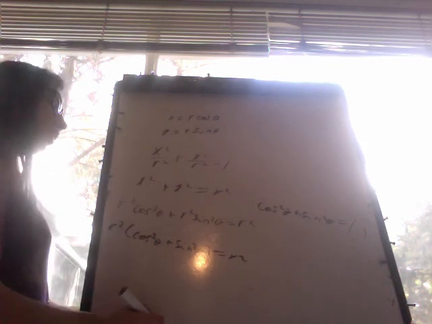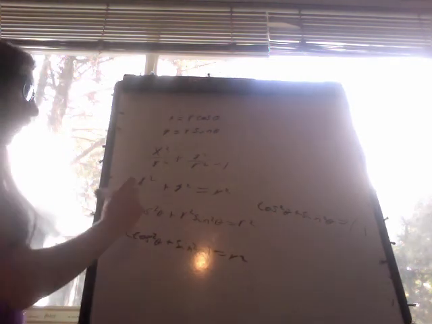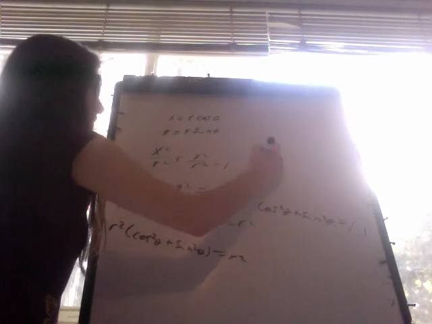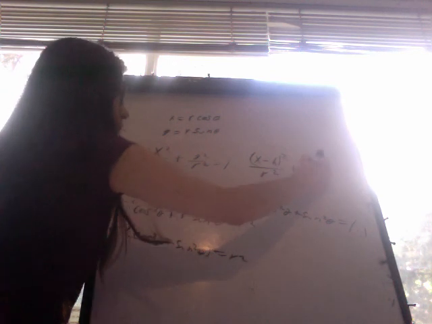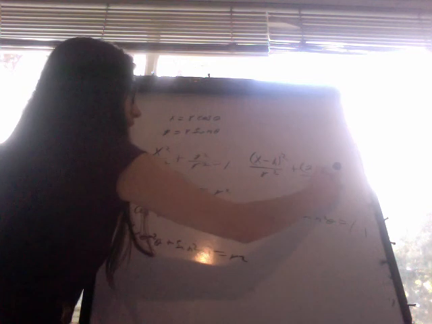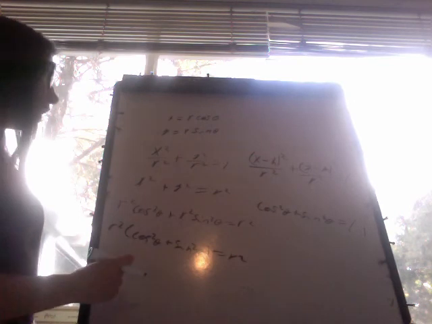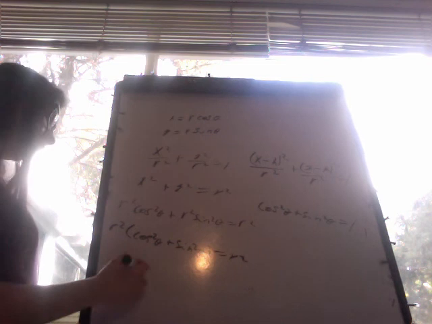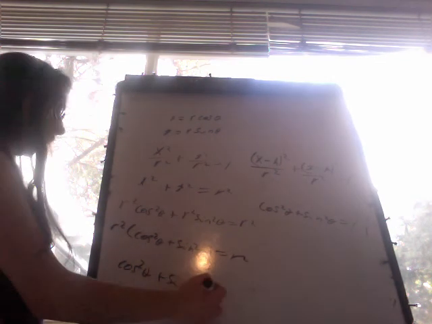What if it is not centered at the origin? If it is not centered at the origin, we have x minus h squared divided by r squared plus y minus k squared divided by r squared equals 1. Well, we know that cosine squared of theta plus sine squared of theta is equal to 1.